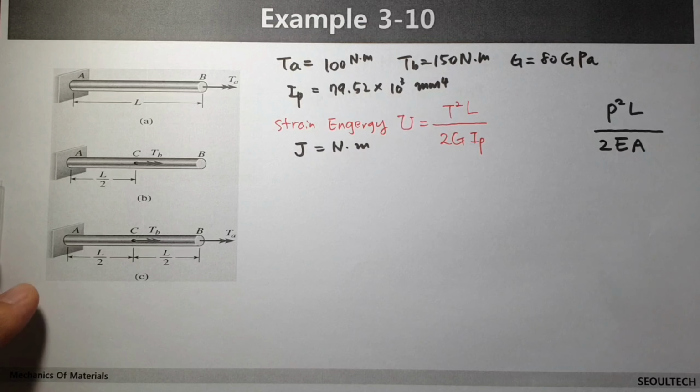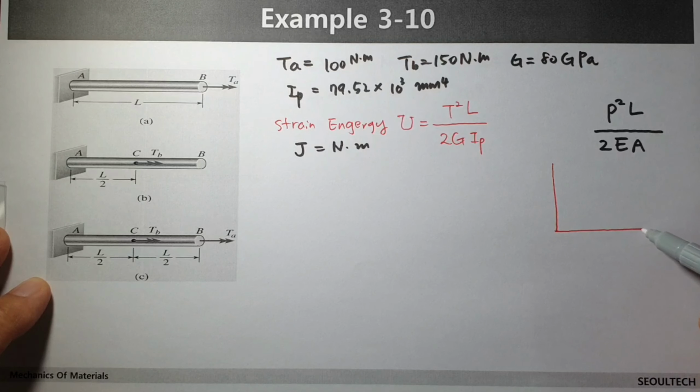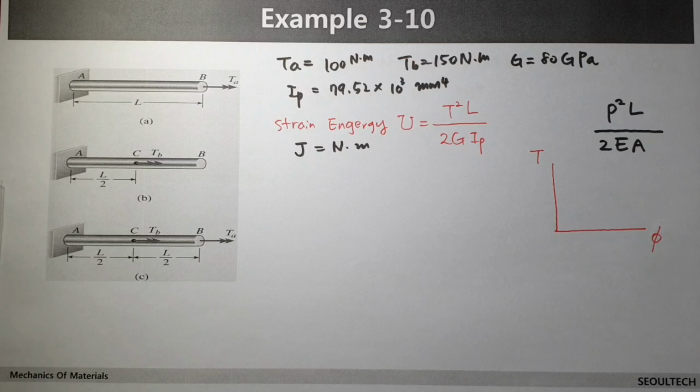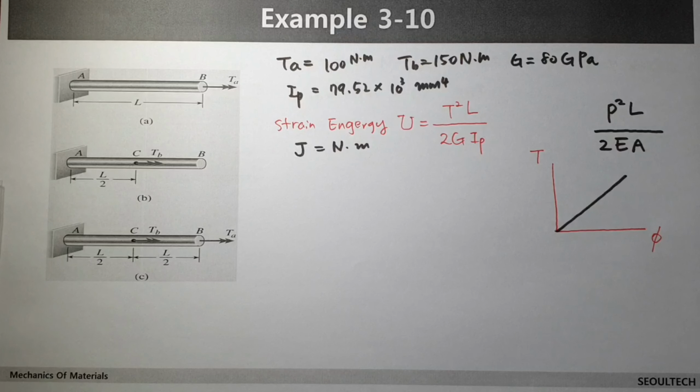Another basic point is this. When you draw a graph between torque T and change of angle, the rotational change, we can introduce a linear relationship, because phi equals TL over GIP. L over GIP is constant.